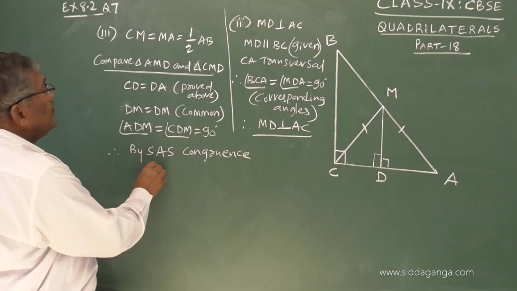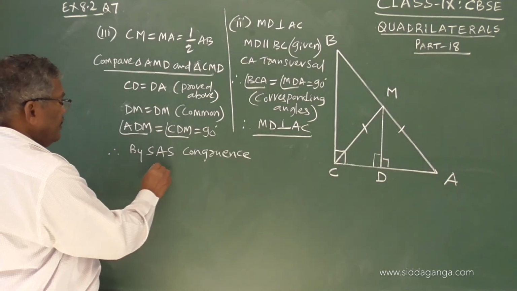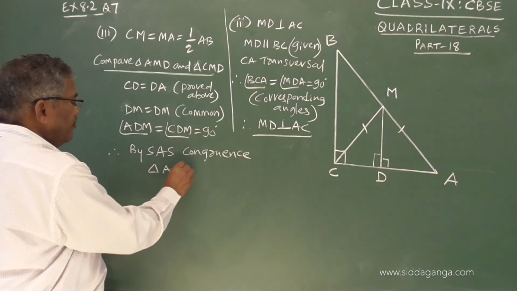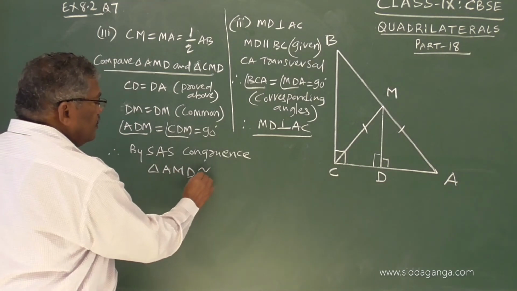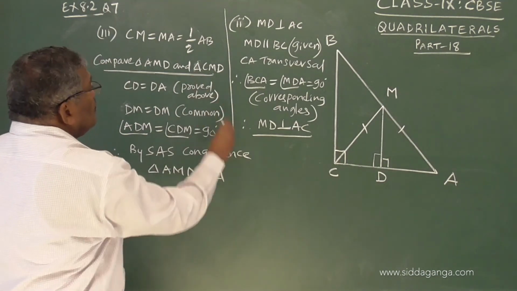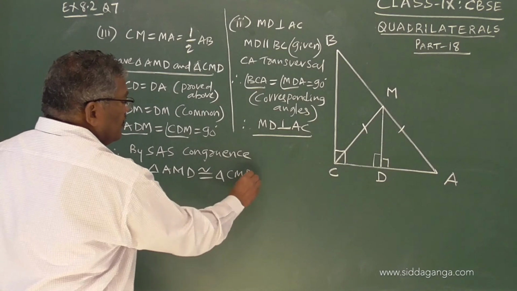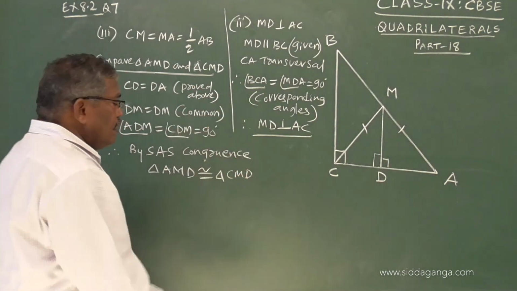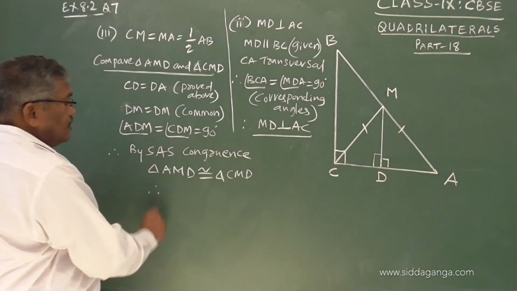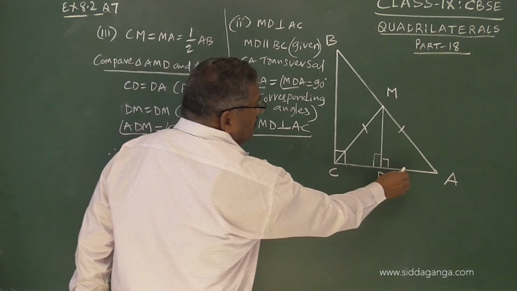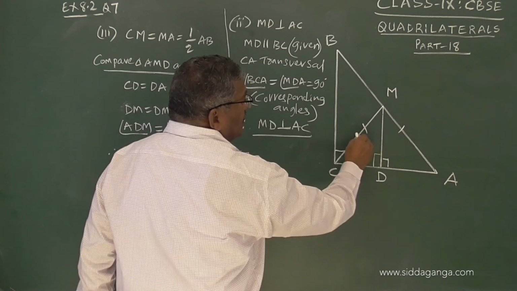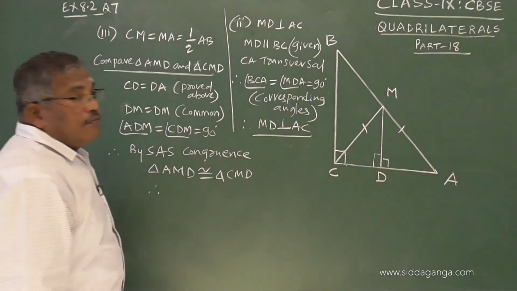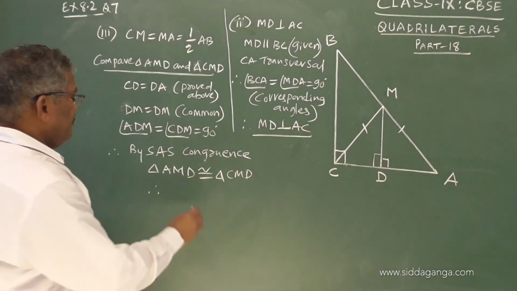we can say triangle AMD is congruent to triangle CMD. So when they are congruent, the corresponding sides are equal. Therefore, I will write, see, this side is equal to this side. This is the common side. The remaining are CM equals AM.